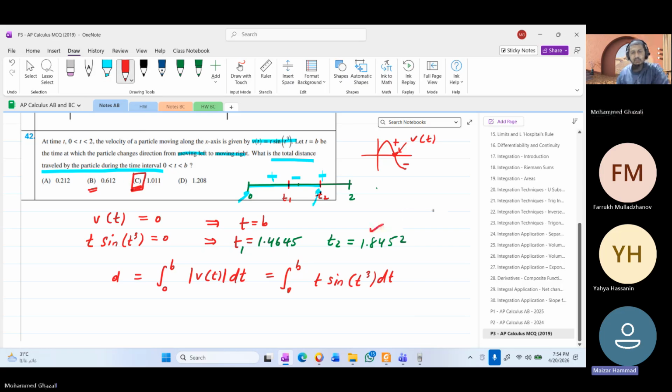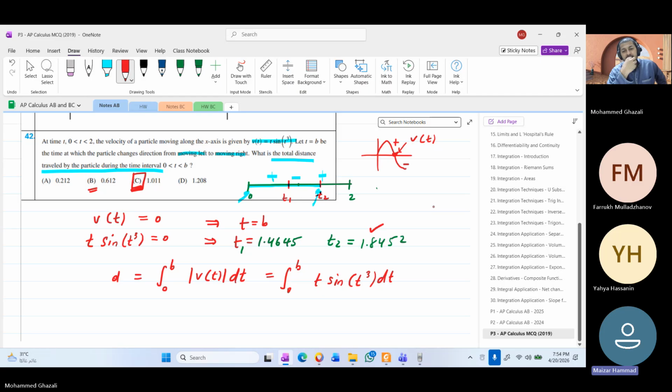You want to know what I did? I got t equals root pi and root 2 pi. Root 2 pi won't work because it would be greater. Root 2 pi would be 2.5 and it's not allowed.